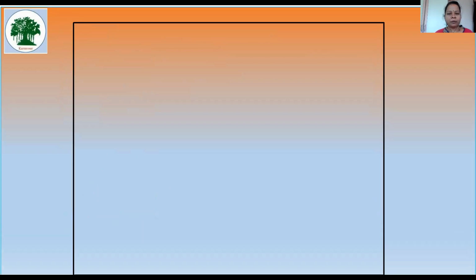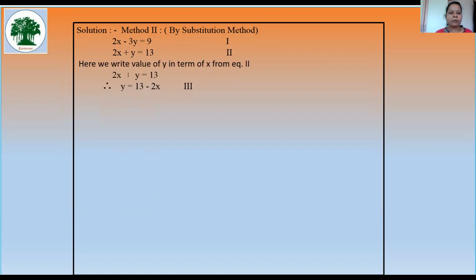So let us start with the second method. By substitution method, we first rename these equations: first equation, second equation. Now let's see what we have to do in this method. We have to write the value of y in terms of x from any one equation.